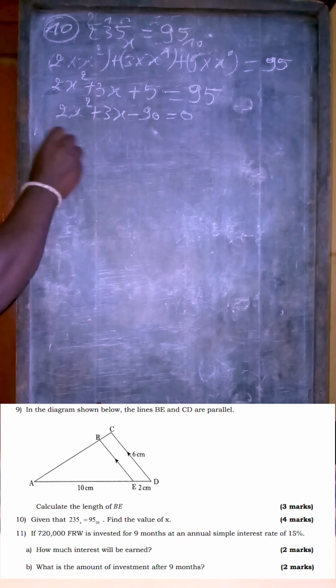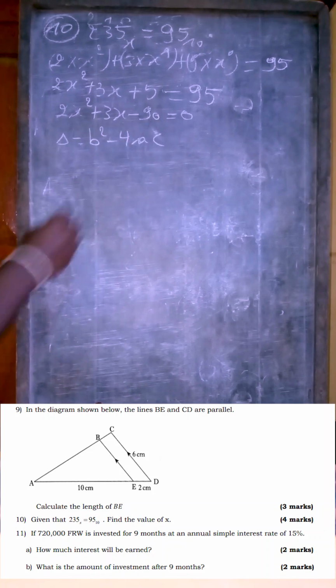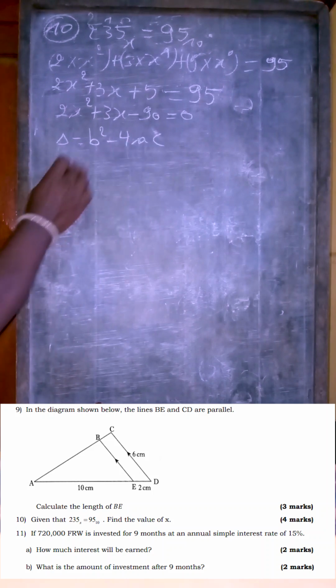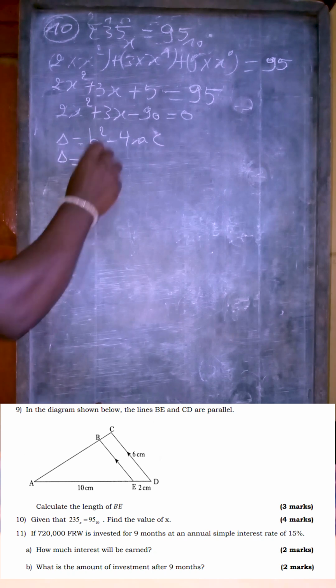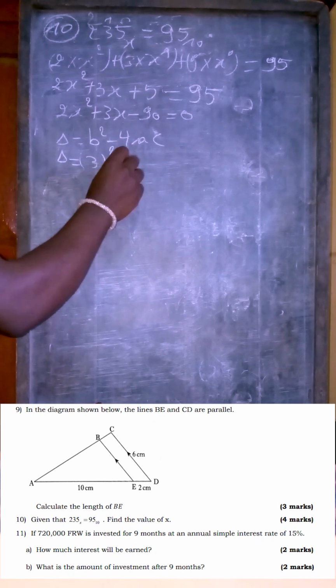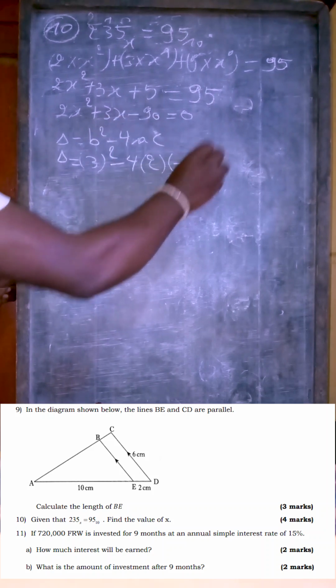Let me use delta, where delta is equal to b squared minus 4ac. We have to know that b is 3, and delta is b squared minus 4 times a, which is 2, times c, which is minus 90.